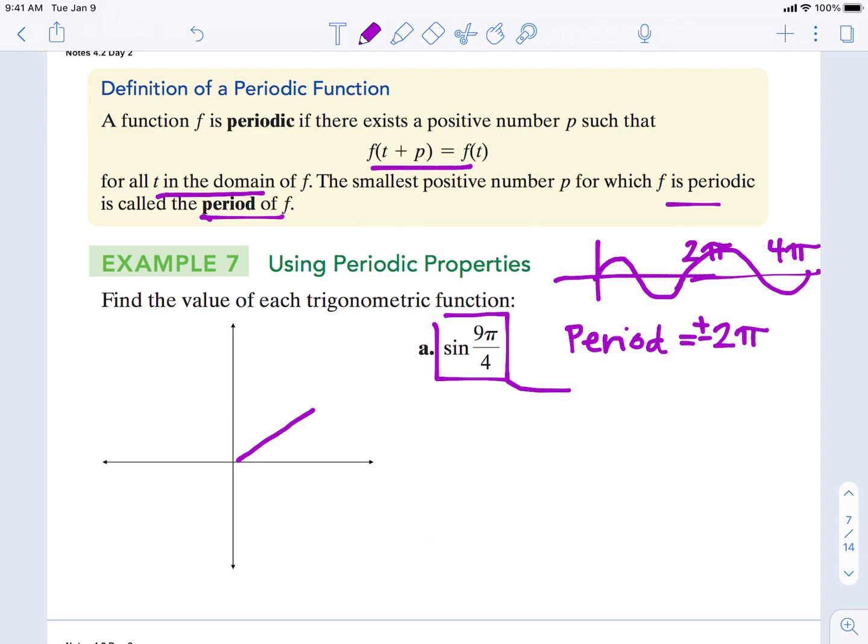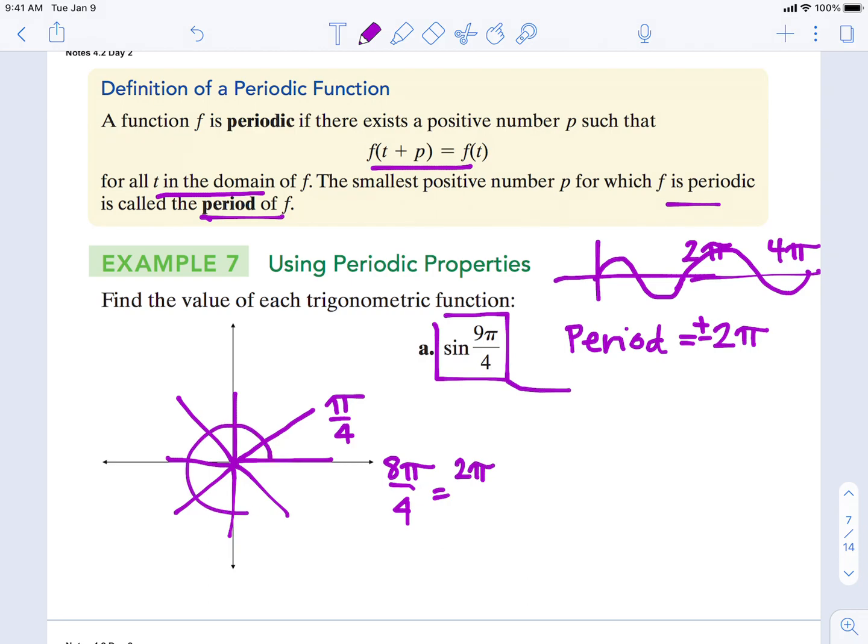So here would be pi over 4, and if we count around, 2 pi over 4, 3 pi over 4, 4 pi over 4, 5, 6, 7, 8. This is equivalent to 2 pi. So there's 1 revolution, and you go a little bit more. These two are coterminal to each other.